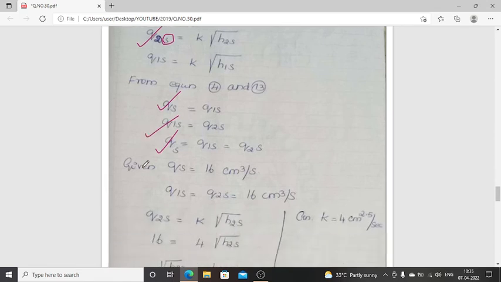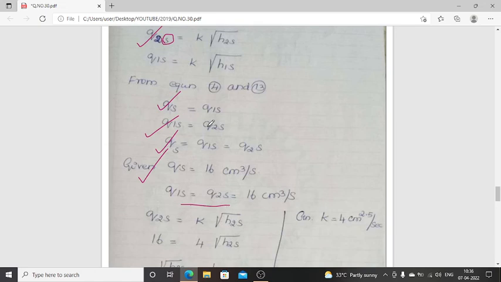Okay. So given data, Qs is equal to 16 centimeter cube per second. What about Q1s and Q2s? All are the same, right? We should take Q1s and Q2s equal to 16 centimeter cube per second. Now we have Q1s and Q2s values.